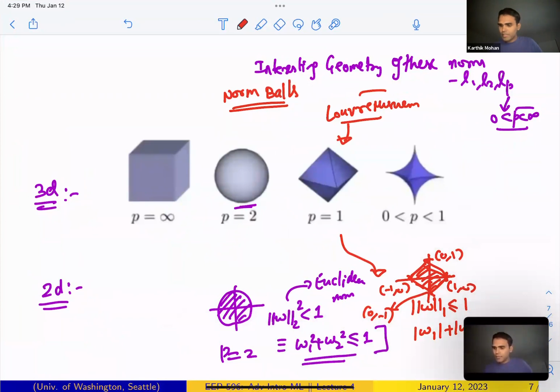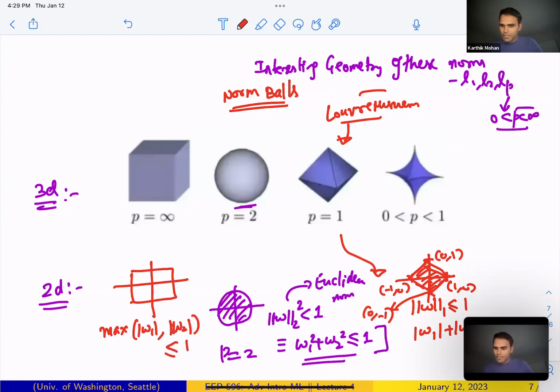And for p equals infinity, this is interesting. We don't use it as much. It looks like a square. p equals infinity is a little bit crazy, but it corresponds to the maximum of these two absolute values being less than or equal to 1.